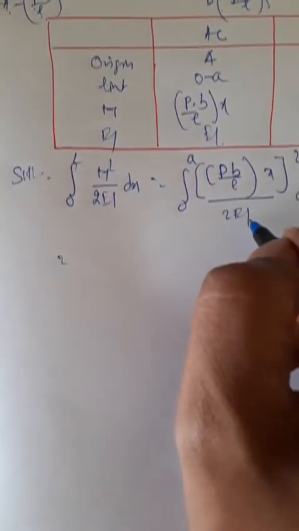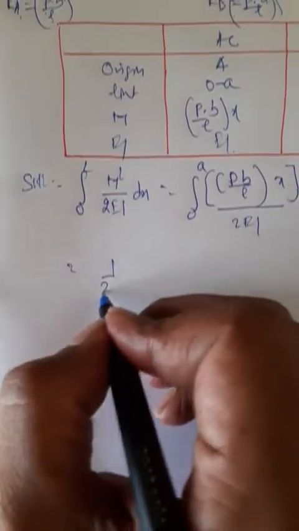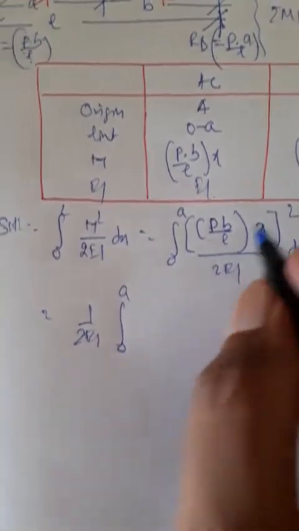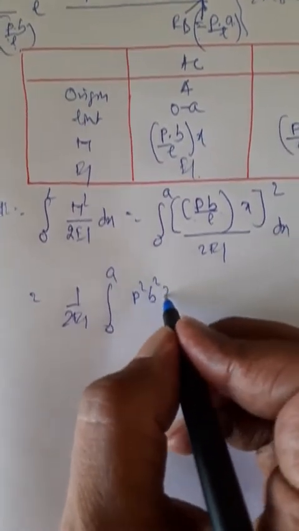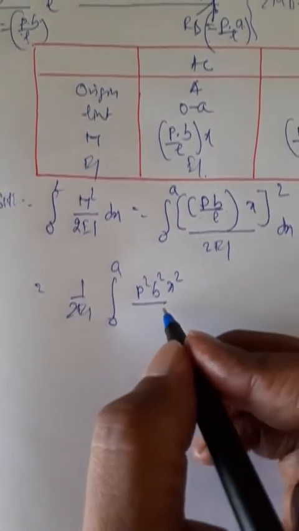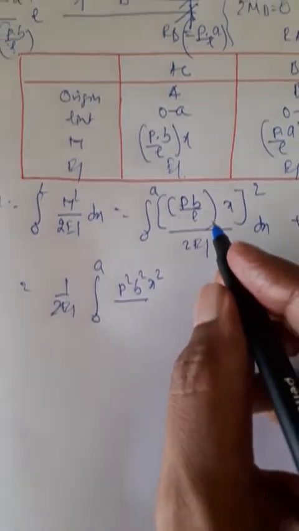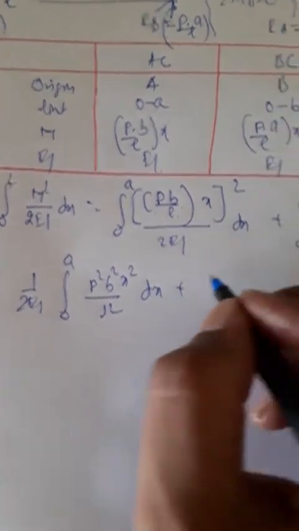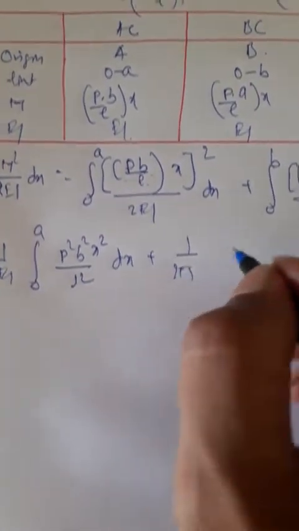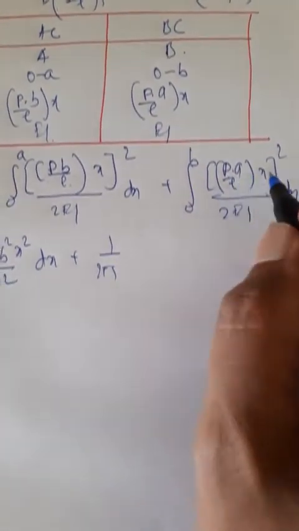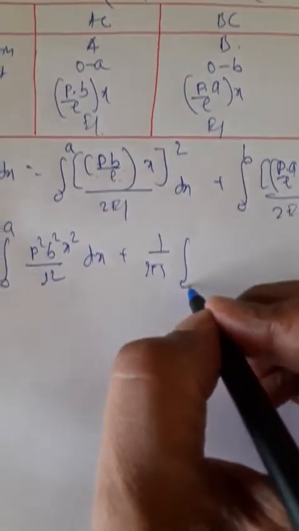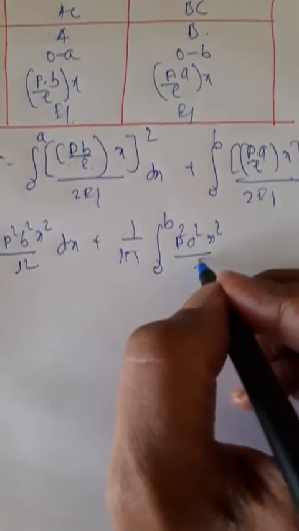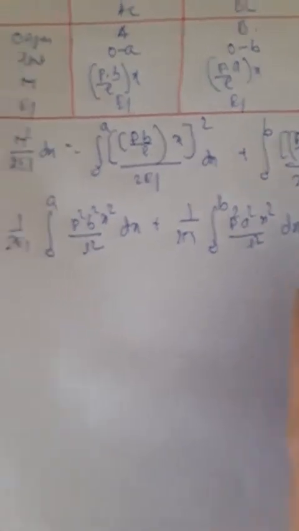So from this I will take 1 upon 2 EI constant. I will simplify this bracket: P square B square X square by L square dx plus 1 upon 2 EI, integration of 0 to B, P square A square X square by L square dx.